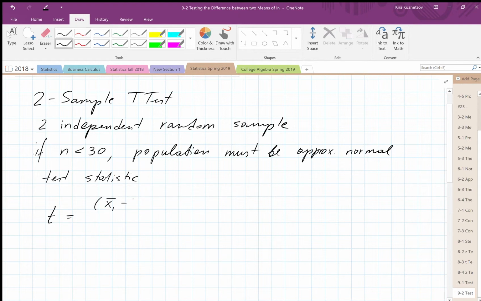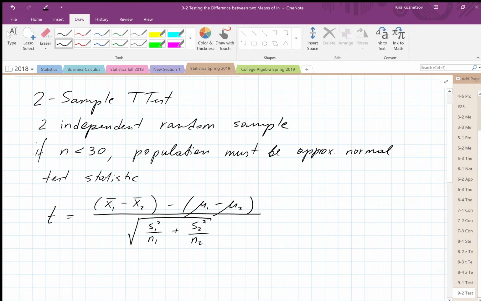Now the formula does look very similar: you're finding the difference between the sample means, the difference between the hypothesized means, that's a 0, and then instead of a sigma you now have an S, which is the standard deviation of the sample, and the formula looks a bit on the ugly side.